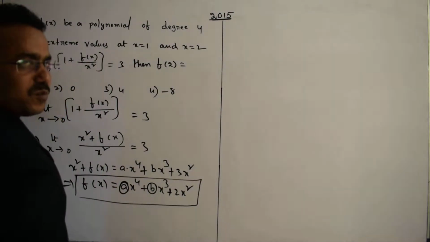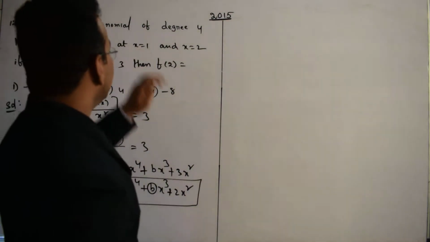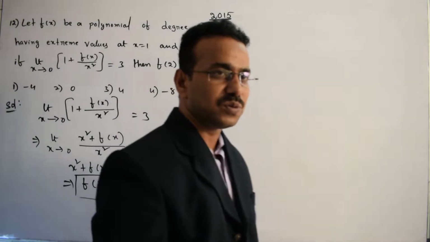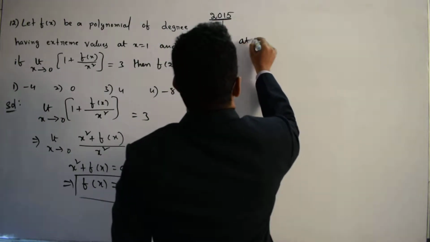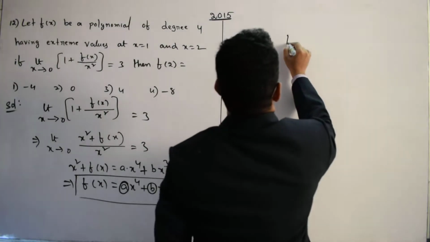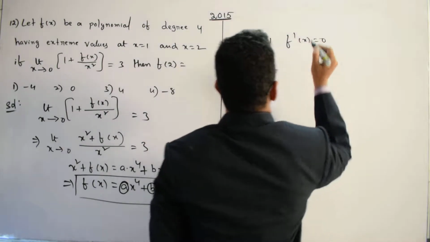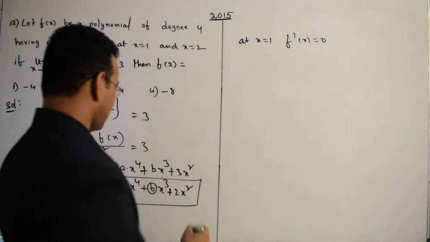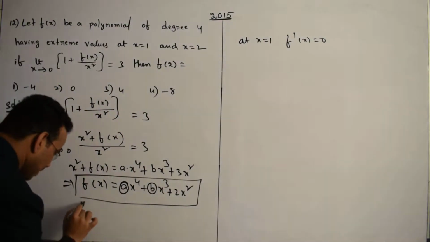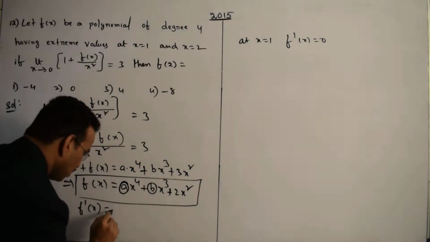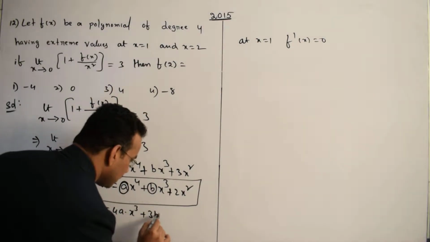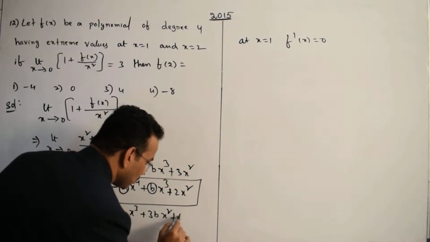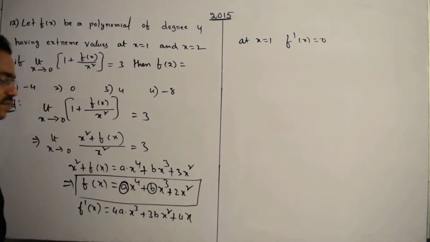Some more information is provided: at x equals 1 and x equals 2, the derivatives are 0. So let me write here clearly. At x equals 1, f'(x) equals 0. Now what is f'(x)? Here I am writing f'(x) equals 4ax³ + 3bx² + 4x, since 2 into 2 is 4x.